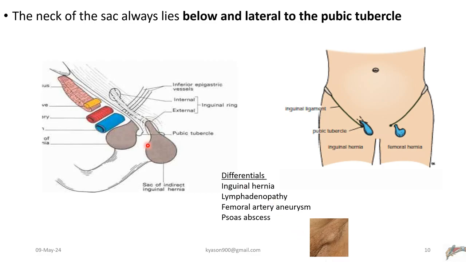So how can you differentiate this from these two? In patients with swollen lymph nodes, when you palpate the lymph nodes, you can feel them moving. I believe most of you have experienced swollen lymph nodes, let's say in the armpits.